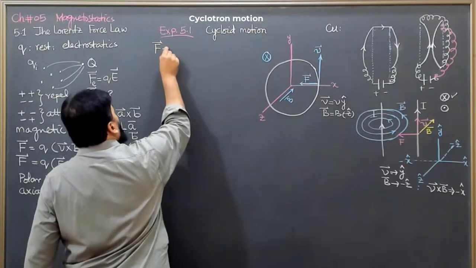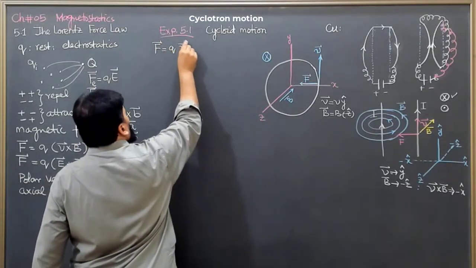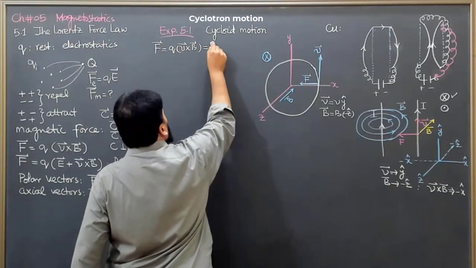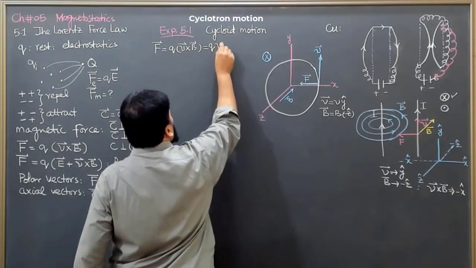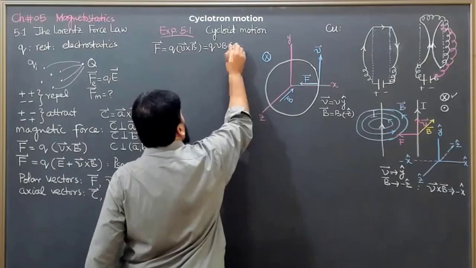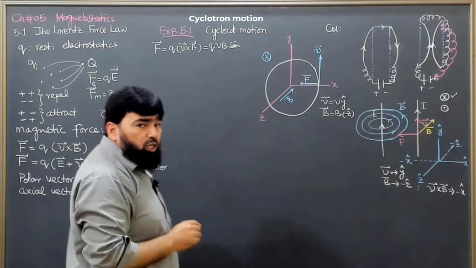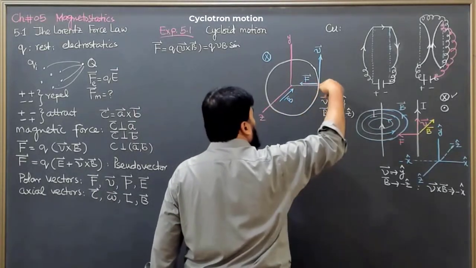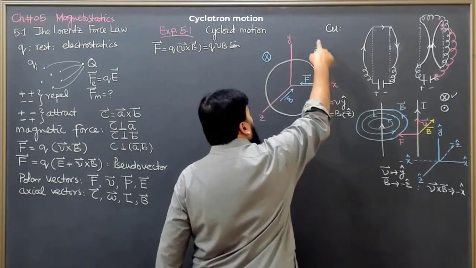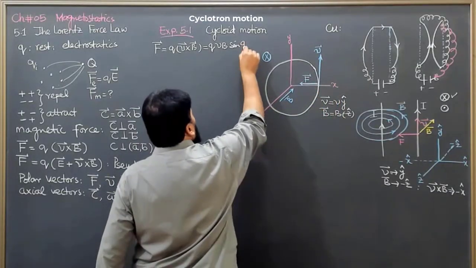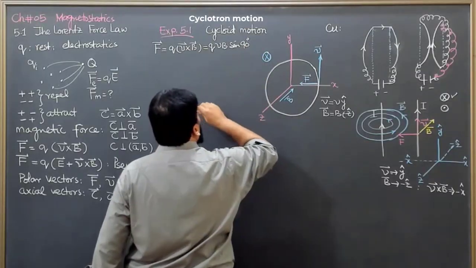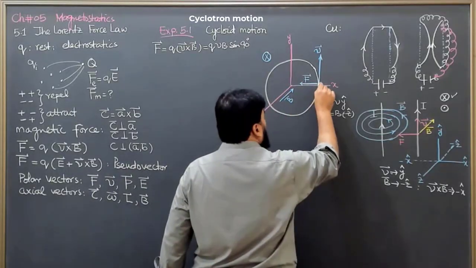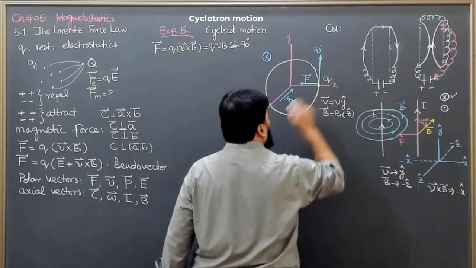F equals q v cross B, and the magnitude is F = q v B sin of the angle between v and B. We see here that this angle is 90 degrees because the magnetic field is into the page and the particle is moving in this direction. So this is 90 degrees here, and we have the charge on the particle, which is q.